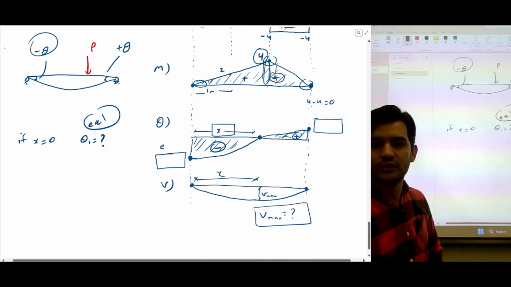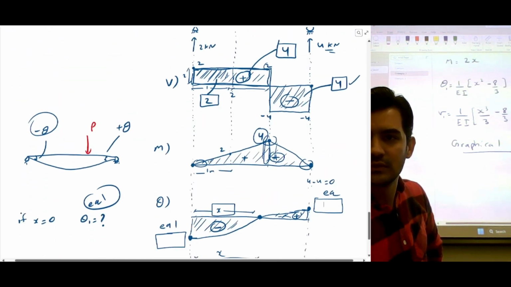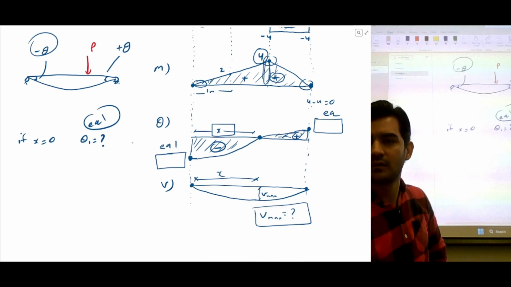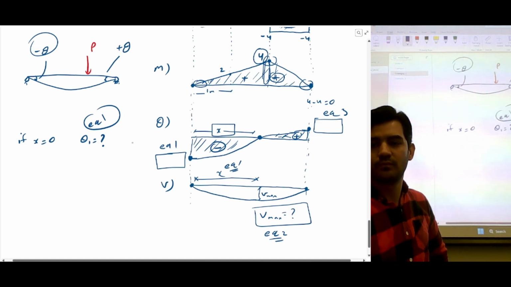For this you will use equation 1. For this you will use equation 3. And for this one you will use, I guess, equation 1. And for this you will use equation 2.